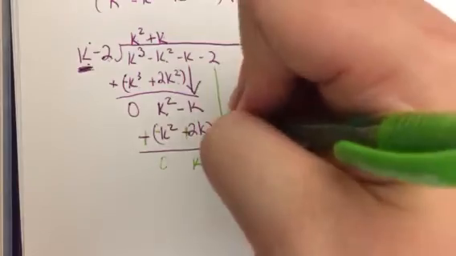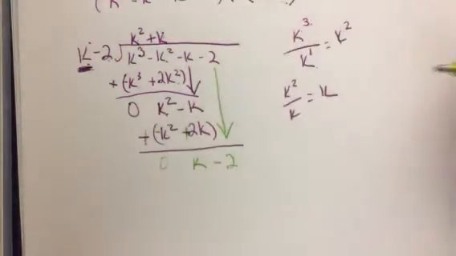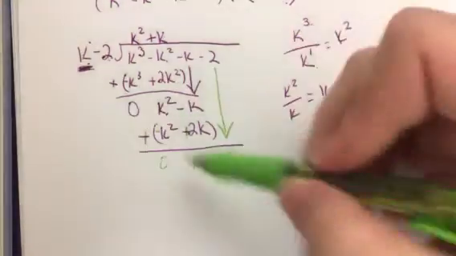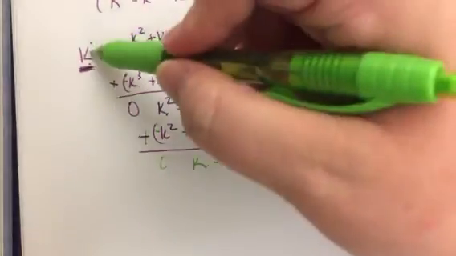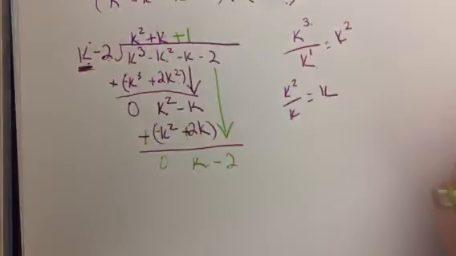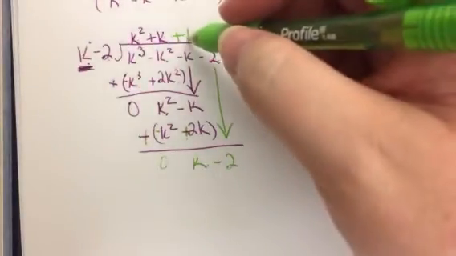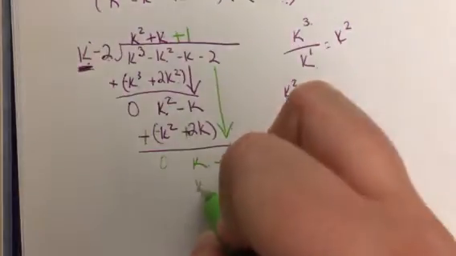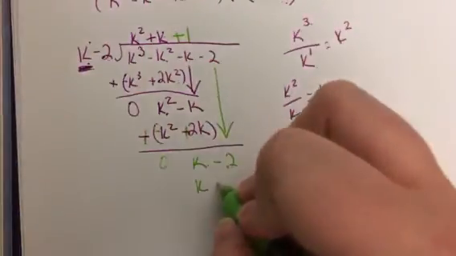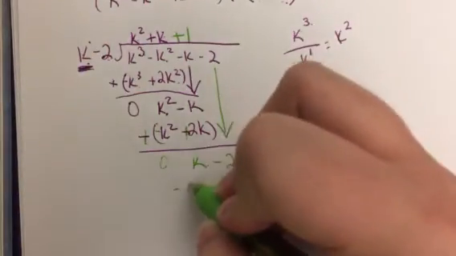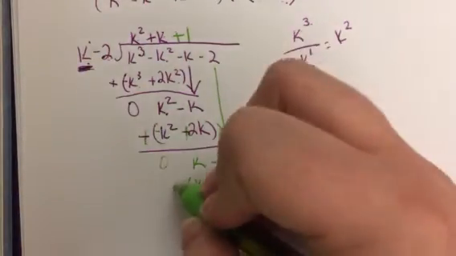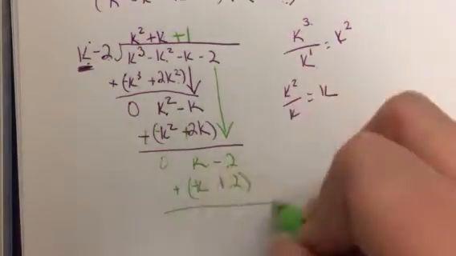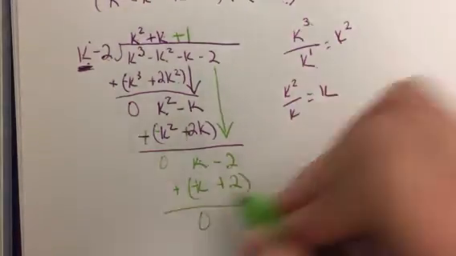Again, next step, bring down the next term. Repeat the process. k divided by k is 1. 1 times k is k. 1 times negative 2 is minus 2. Subtract, change our signs. k plus negative k is 0.